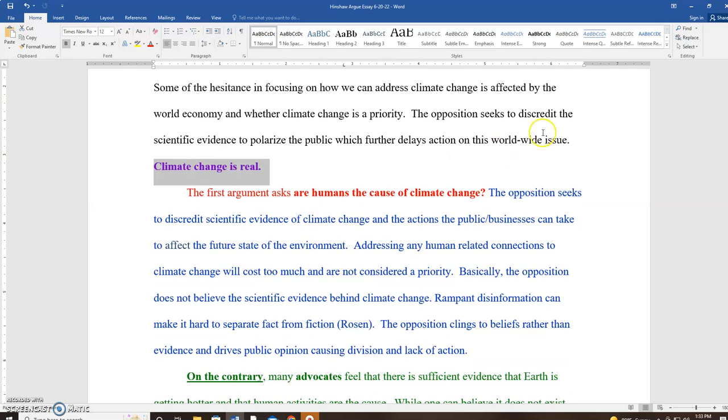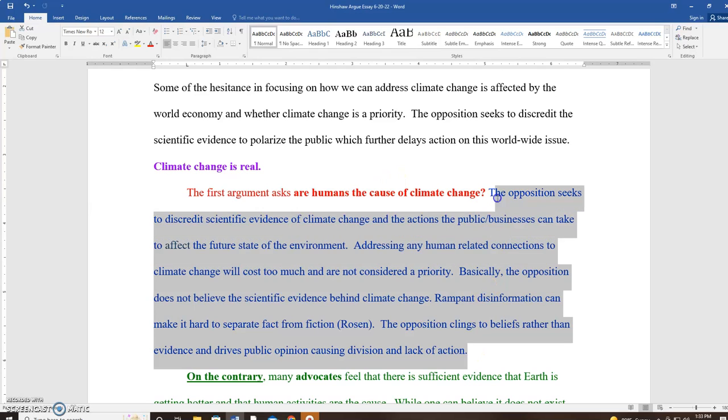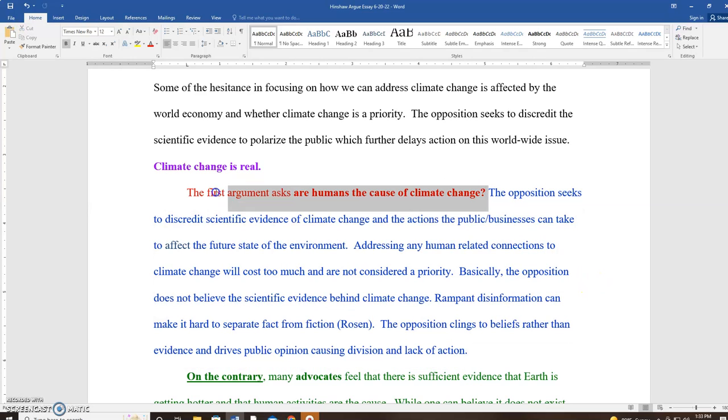Next, I've added this sentence to what you had written before. This sentence is the subtopic sentence, and it's got to appear at the beginning of the blue or the opposition paragraph. So you had the right structure going, you just didn't have this sentence. And so I've written this sentence for you, and here is your original question.